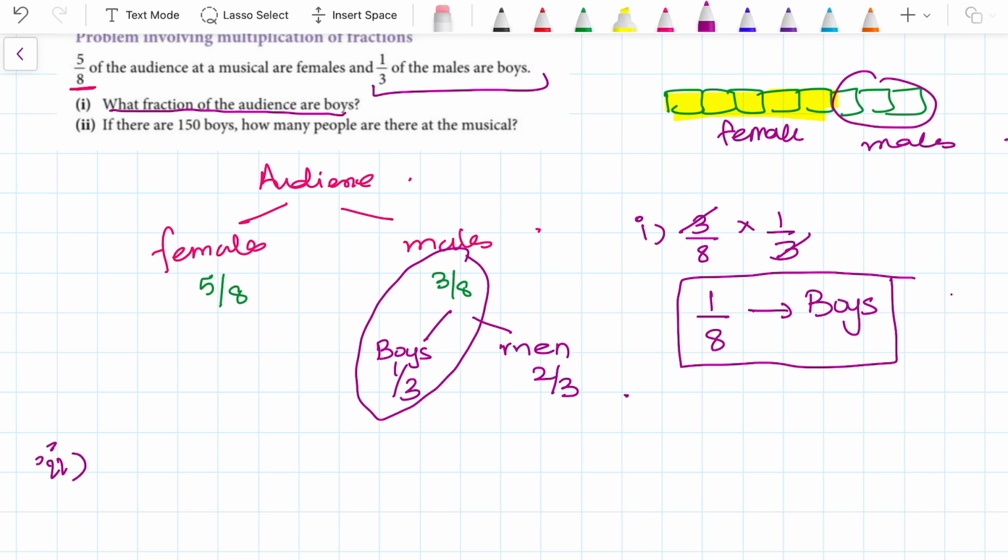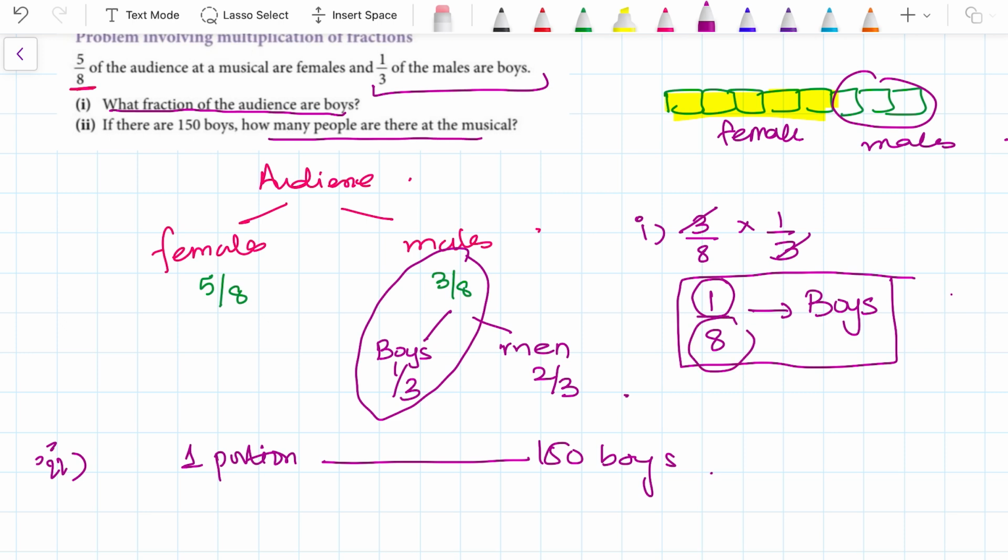If there are 150 boys, how many people are there at the musical? So if you talk about the entire audience, one portion is boys. So one portion represents 150 boys.